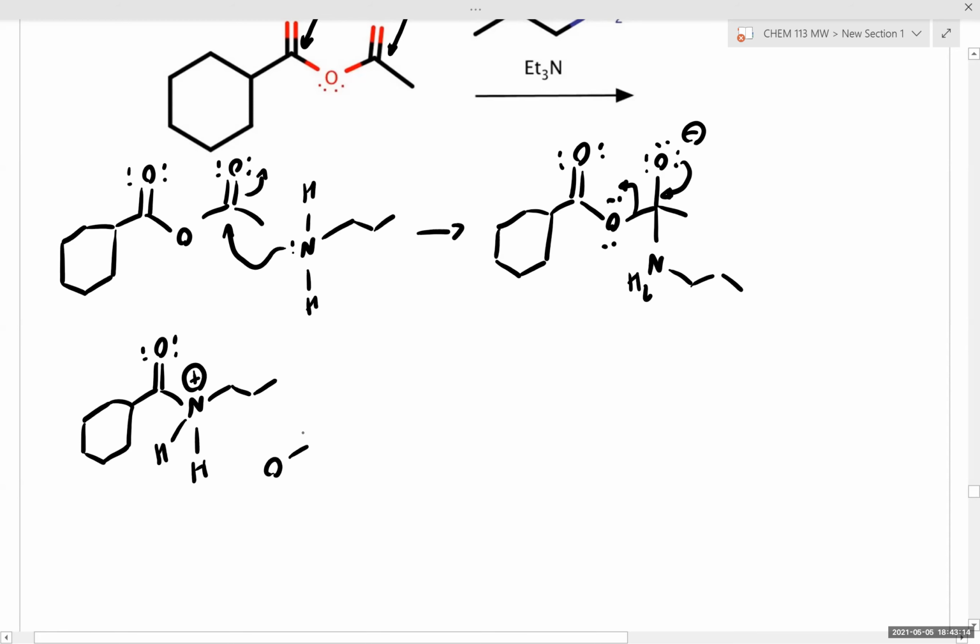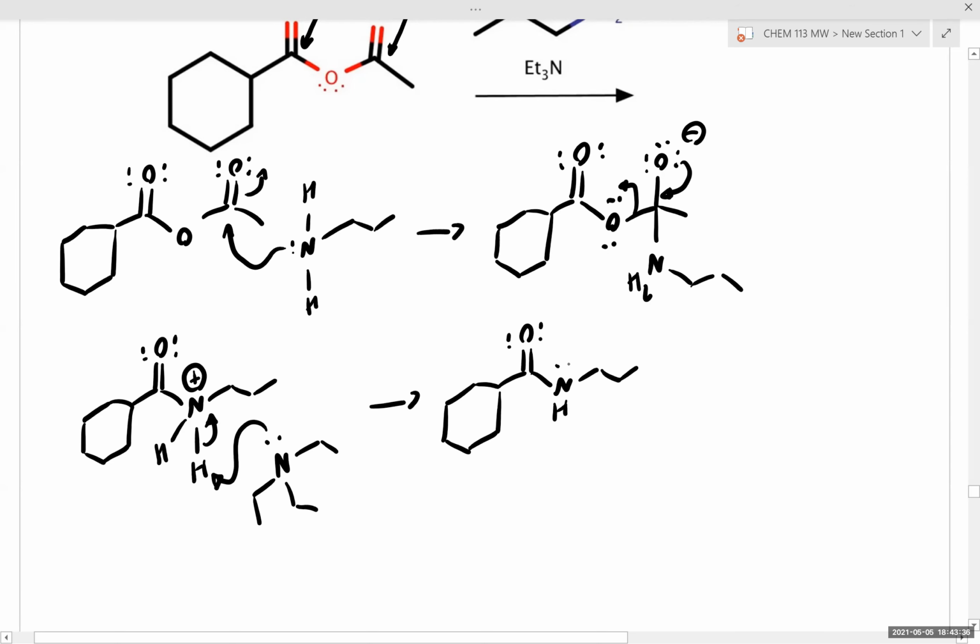From here, our base will pull off a proton. In this case, triethylamine is the most reasonable base in solution, given the reaction conditions. So we'll pull off a proton to isolate our neutral amide product. Does this make sense to everyone?